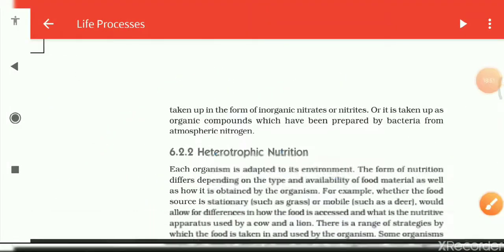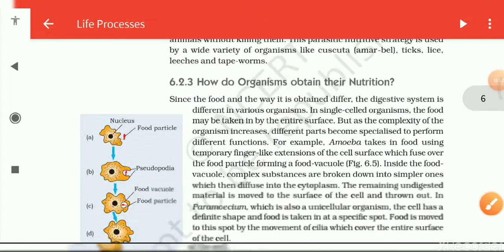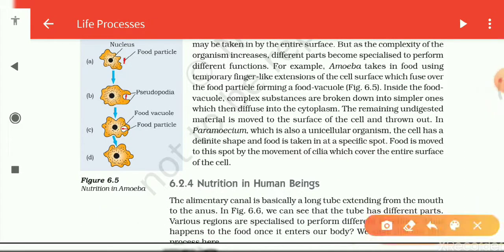Now see the diagram here. The first one is ingestion, and with the help of the pseudopodia the food goes inside it. The first one shows the diagram of only the amoeba and the food particles. With the help of the pseudopodia, food particles go inside it.